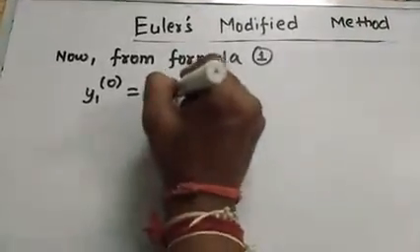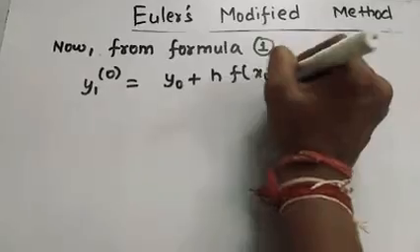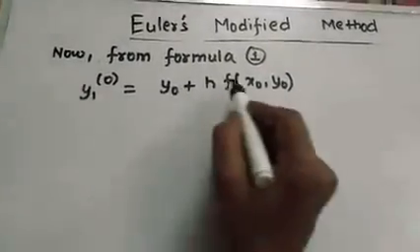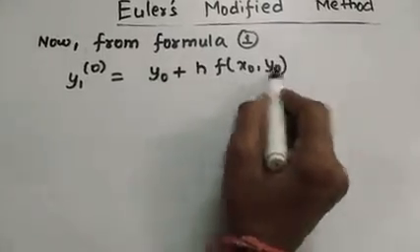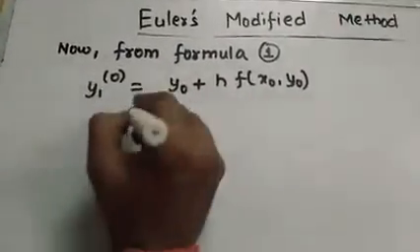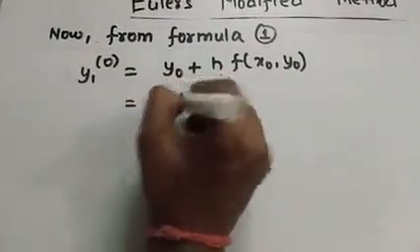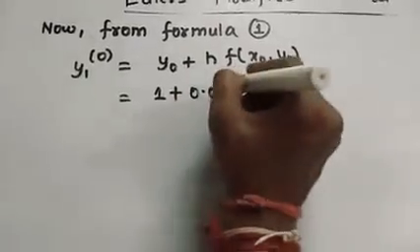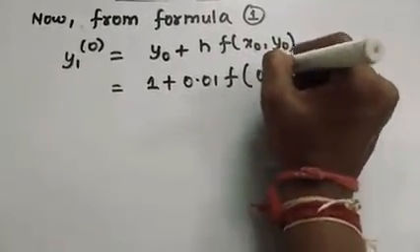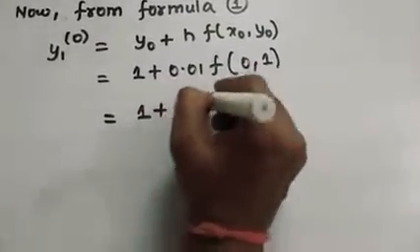Using that formula we will get y0 plus h f of x0 comma y0. Remember that formula, yn equals yn minus 1 plus h into f of xn minus 1, yn minus 1, and here n is 1. Now y0 is given to you as 1, h is given as 0.01, f of x0, y0, where y0 is 1. So 1 plus 0.01.